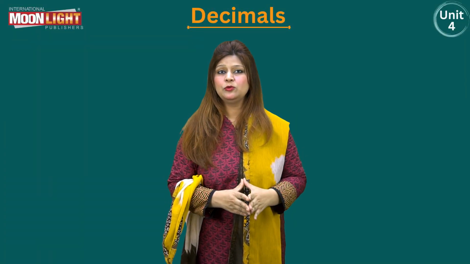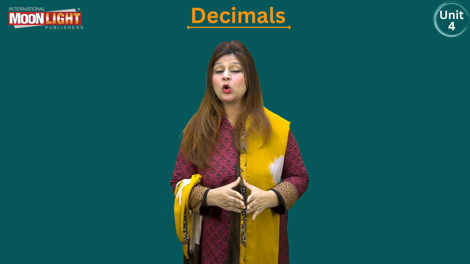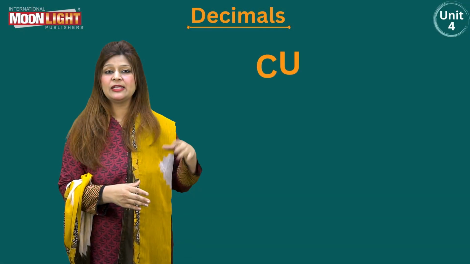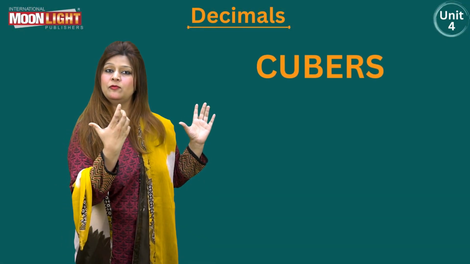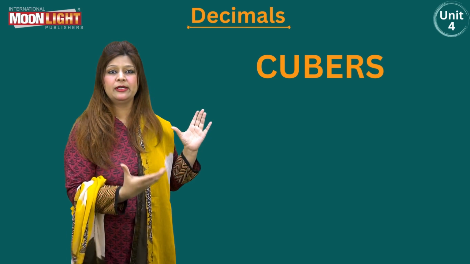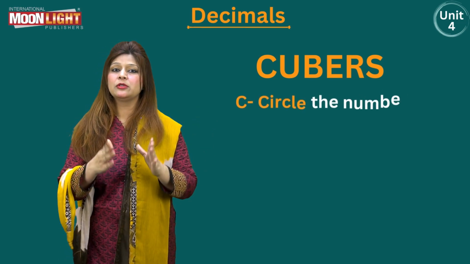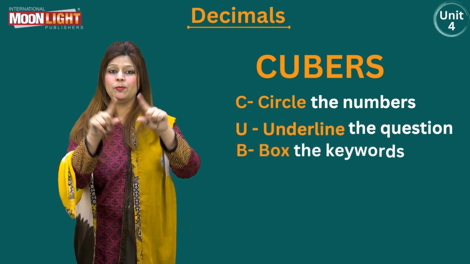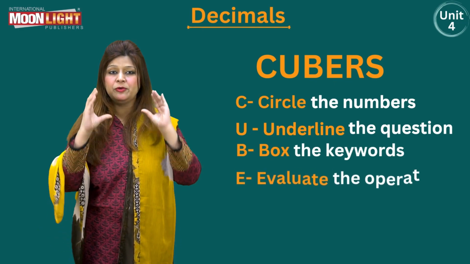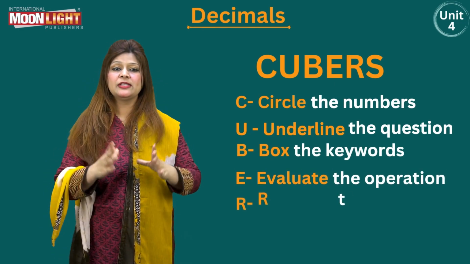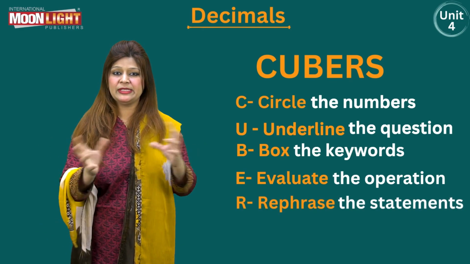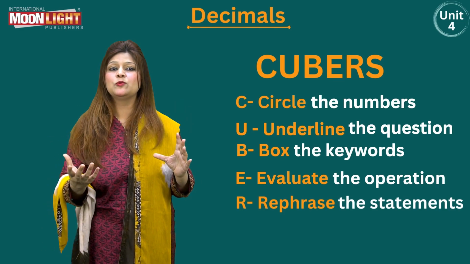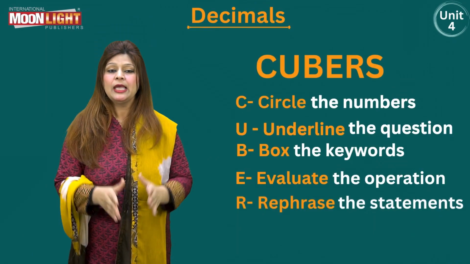So what do we do? For solving a word problem, these are the steps. I have combined them in a word, that is CUBERS. C stands for circle the numbers, U stands for underline the keywords, B stands for box the question, E stands for evaluate the operation, R stands for rephrase, that is, restate the statements step by step.